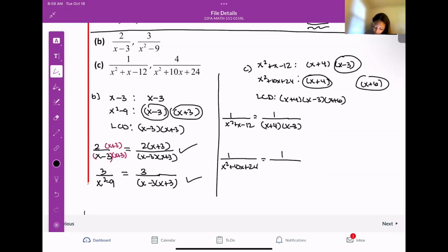That factors to 1 over (x plus 4) times (x plus 6). We want to write both of these as something over (x plus 4) times (x minus 3) times (x plus 6). So we're going to look for whatever factors are missing from the denominator and multiply by that.